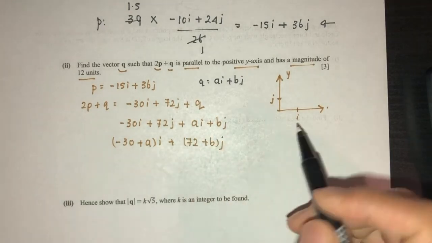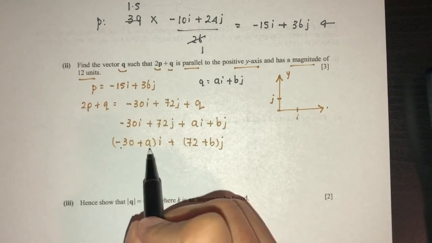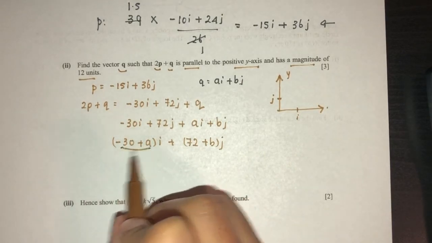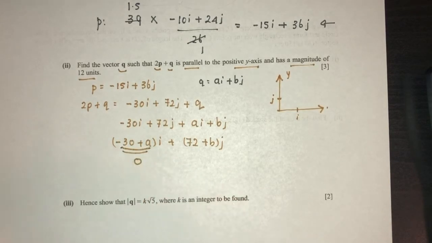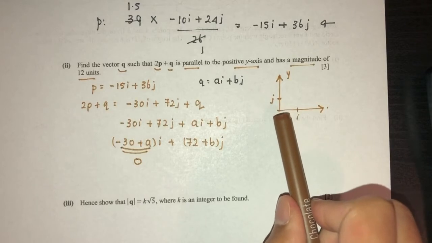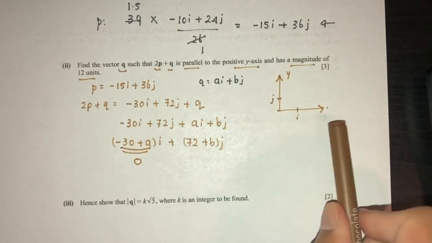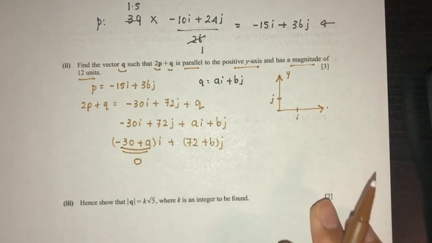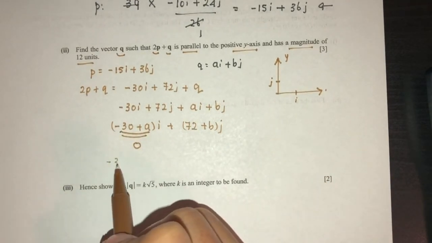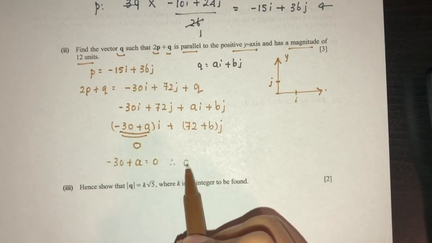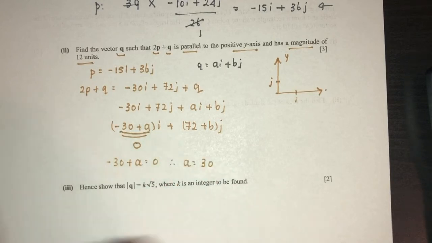Now we know that this value here will be 0. Why? Because it tells you that it is parallel to the y-axis. It only goes up. It doesn't go in this direction. That's why there's no i. So we know that minus 30 plus a will be 0. It means that a has to be 30.